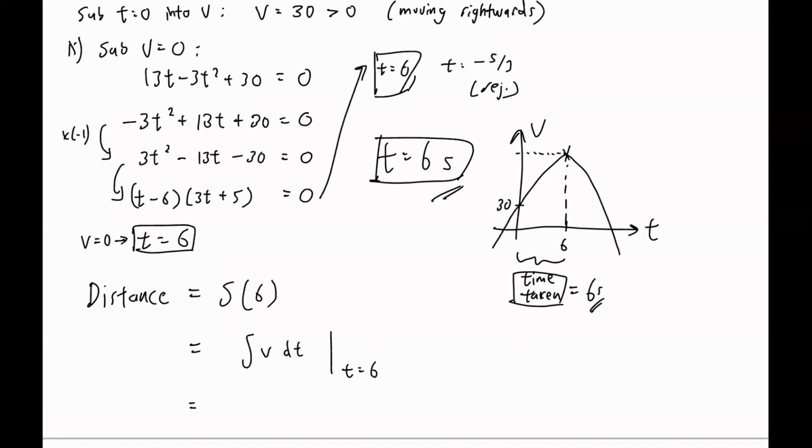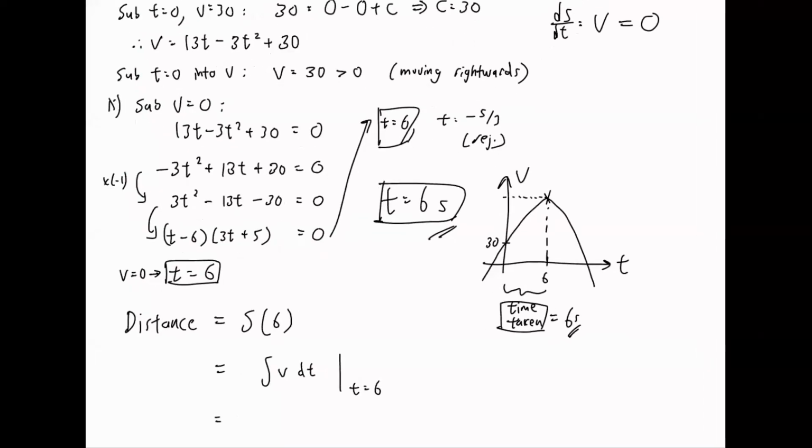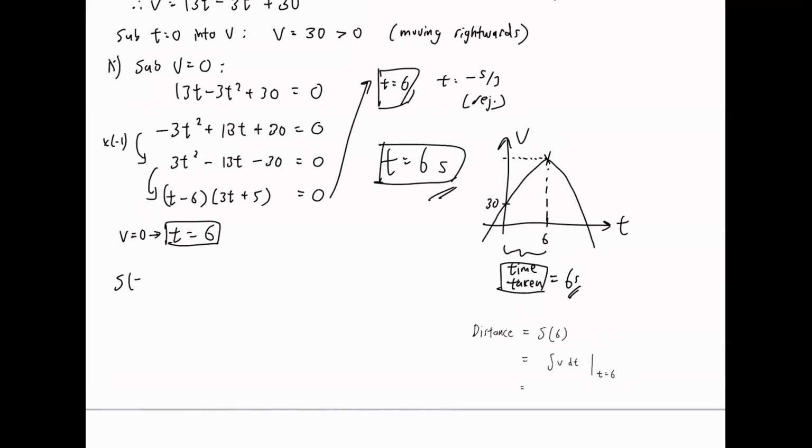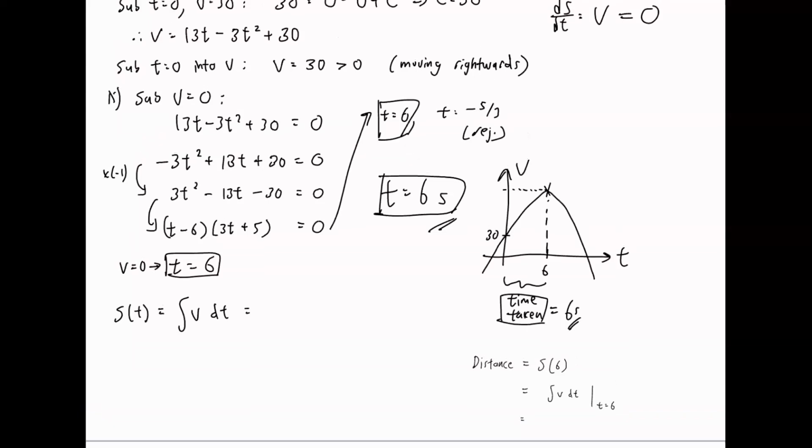So what does that mean? Let's see. Maybe we can find the s first before we sub in t. So s of t equals the integral of v dt. So integrate v, what's v? It's over at the top here. Erase the v equals, you integrate dt.